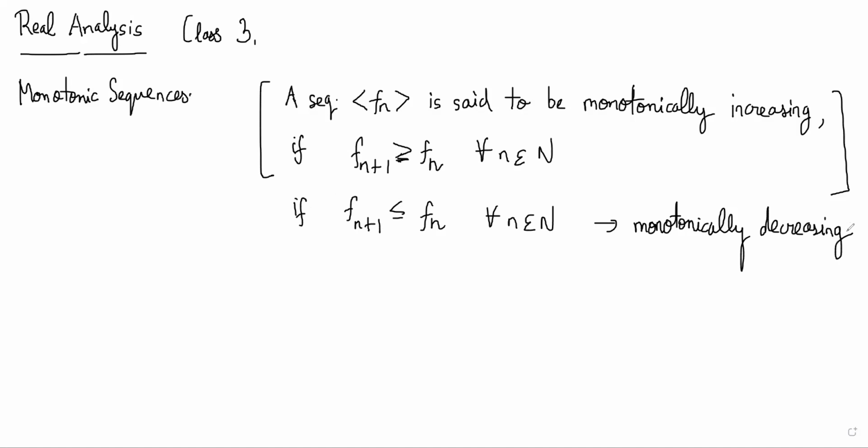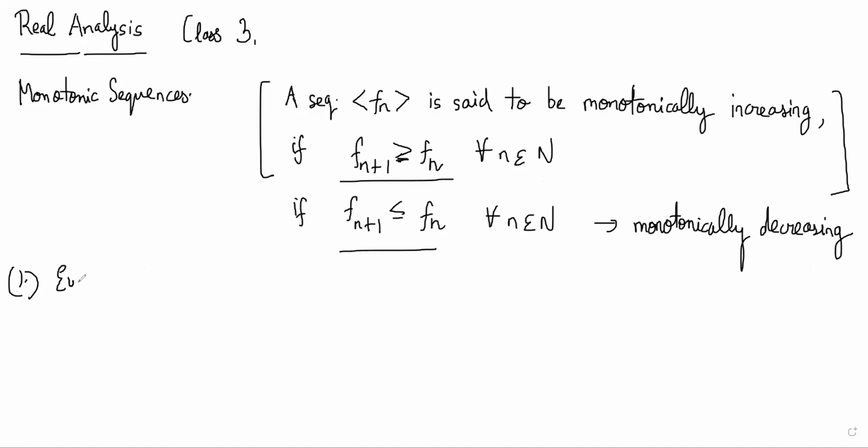So obviously there is a possibility that some sequence could be neither monotonically increasing nor decreasing, right? This condition has to be true for all terms for it to be increasing or decreasing. Now some theorems related to monotonic sequences.